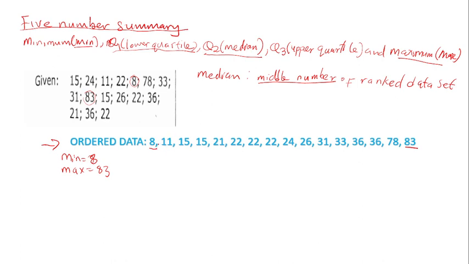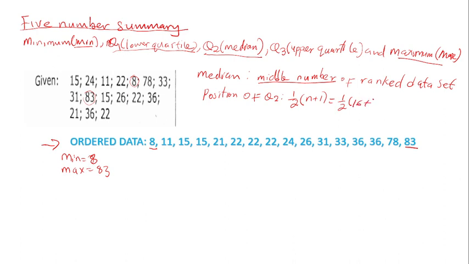Because there are 16 numbers, there is a formula to get this position. The position of Q2, we'll simply use half of n plus 1. Our n is the number of data. We said there are 16, counting 1, 2, 3, up to 16.